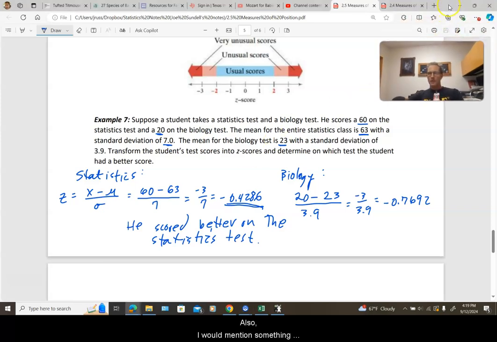Also, I will mention something that I probably mentioned before. When people talk about grading on the curve, they're talking about using z-scores to assign grades.